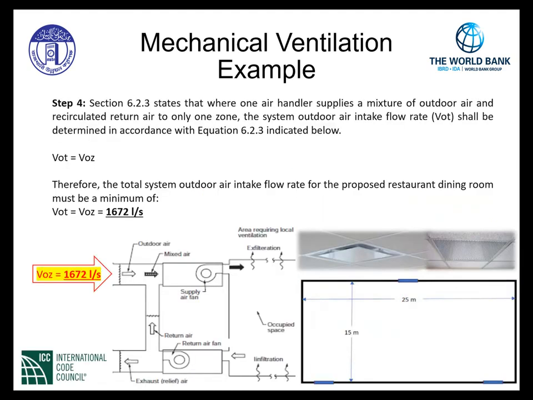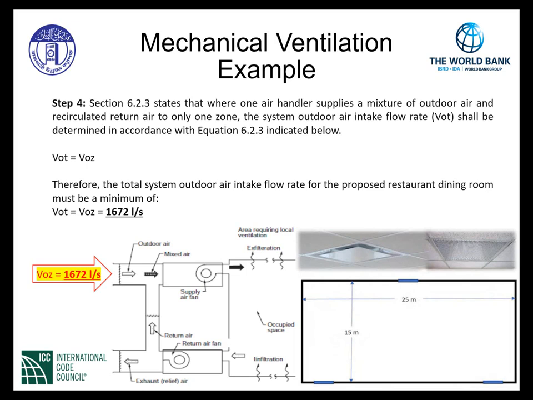Section 6.2.3 states that where one air handler supplies a mixture of outdoor air and recirculated air to only one zone, the system outdoor air intake flow rate, V sub OT, shall be determined in accordance with equation 6.2.3 indicated below.